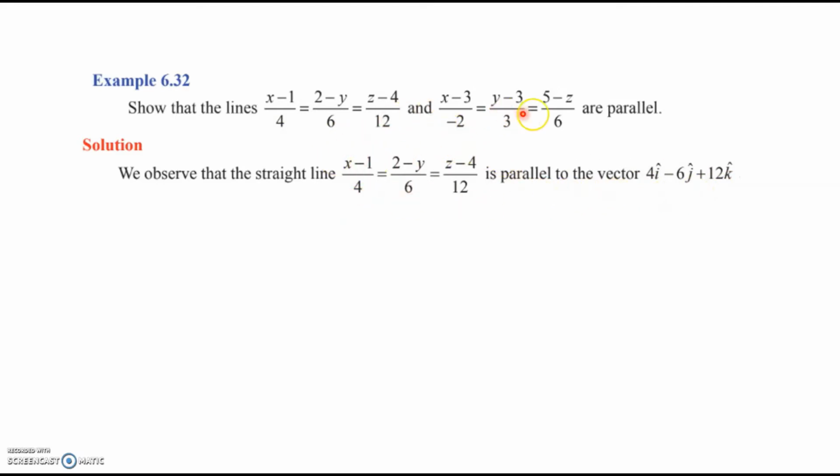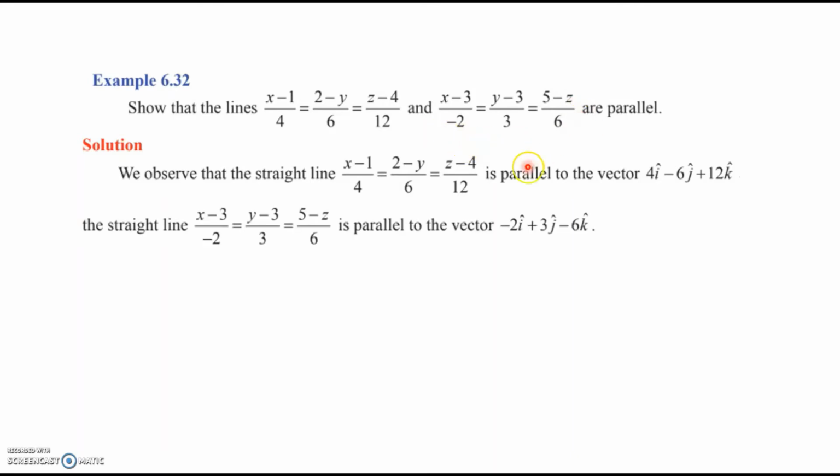Similarly, in the second line, minus 2, 3 and minus 6, because it's 5 minus z, so this is minus 6, will be the direction ratio of a vector which is parallel to this line. So we have minus 2i cap plus 3j cap minus 6k cap as a vector which is parallel to the second line.